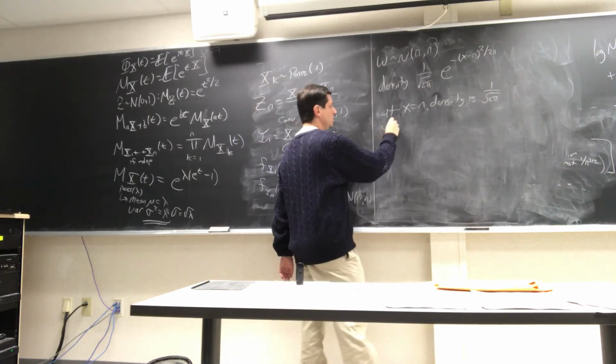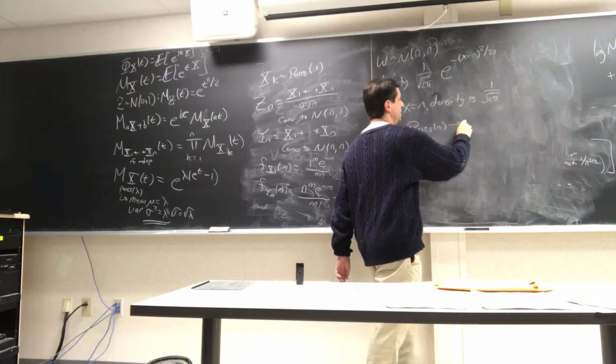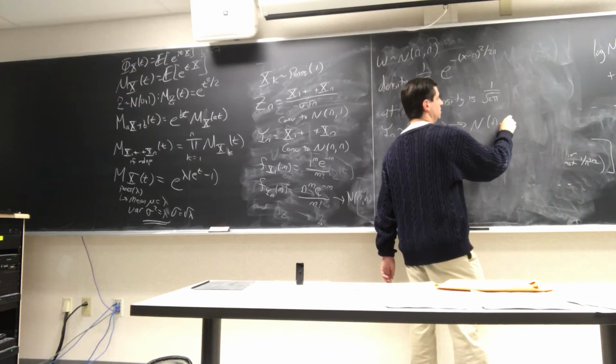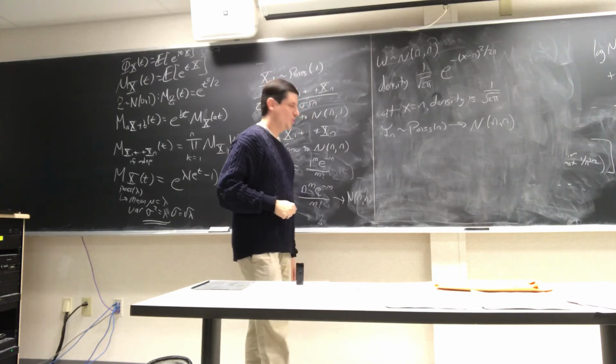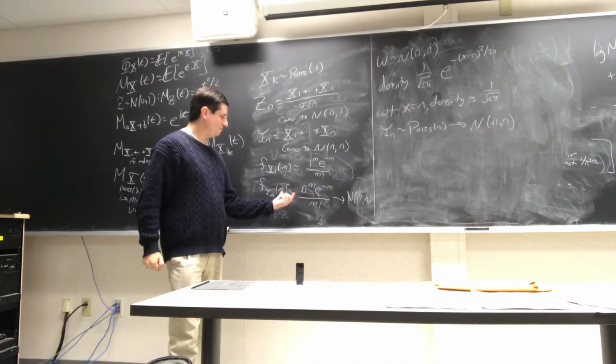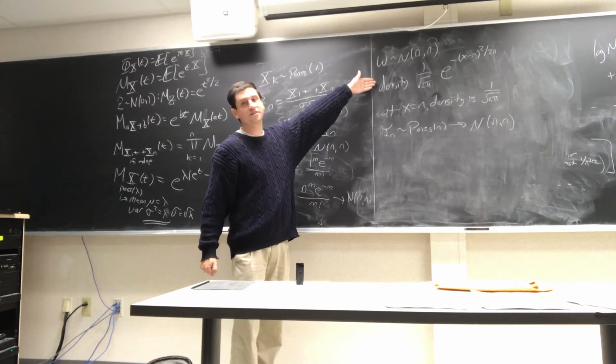But we know yn, which is Poisson with parameter n, is converging to a normal with mean n and variance n. When you look at the Poisson density, what value should I take for m? What's a really good choice for m? What did we take here for the density?